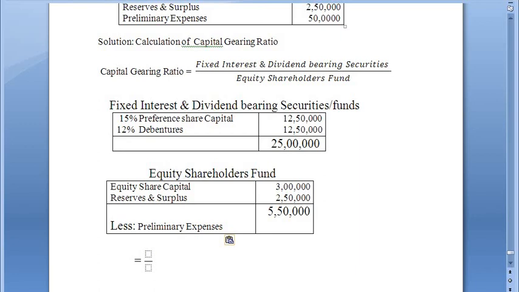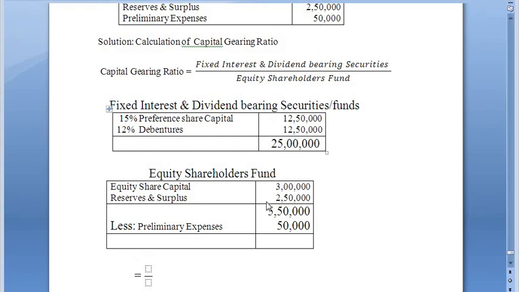Amount of preliminary expenses is 50,000. Okay, so write here 50,000. Now 5,50,000 minus 50,000, how much will be the balance? 5 lakh. Okay, so write here 5 lakh. Okay, so this is the amount of equity shareholders fund.